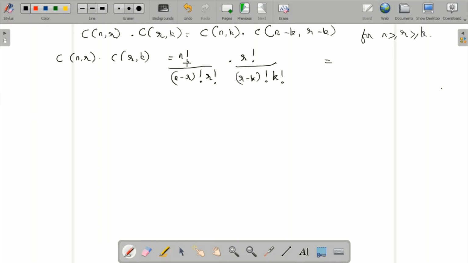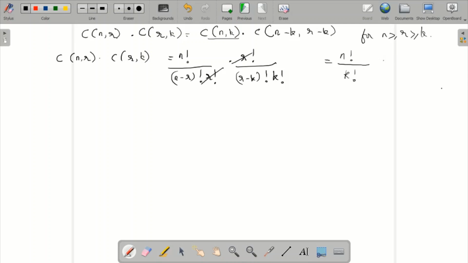Further, what I'll be doing over here is I'll just cancel r factorial and r factorial. I'll write n factorial over here. See the right hand side, I required one is nCk, another one is this factorial. Just see here, nCk is just n factorial divided by n minus k factorial into k factorial. So I need k factorial over here.